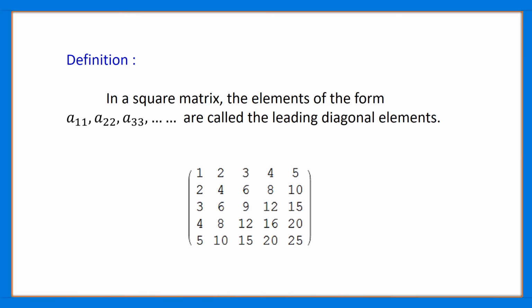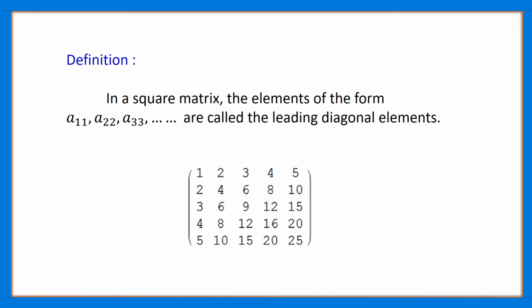Okay. Have we all heard the term diagonal element, that is leading diagonal element? If not, let us learn what it is. We just saw what a square matrix is, and the elements that are present in the diagonal are called leading diagonal elements.